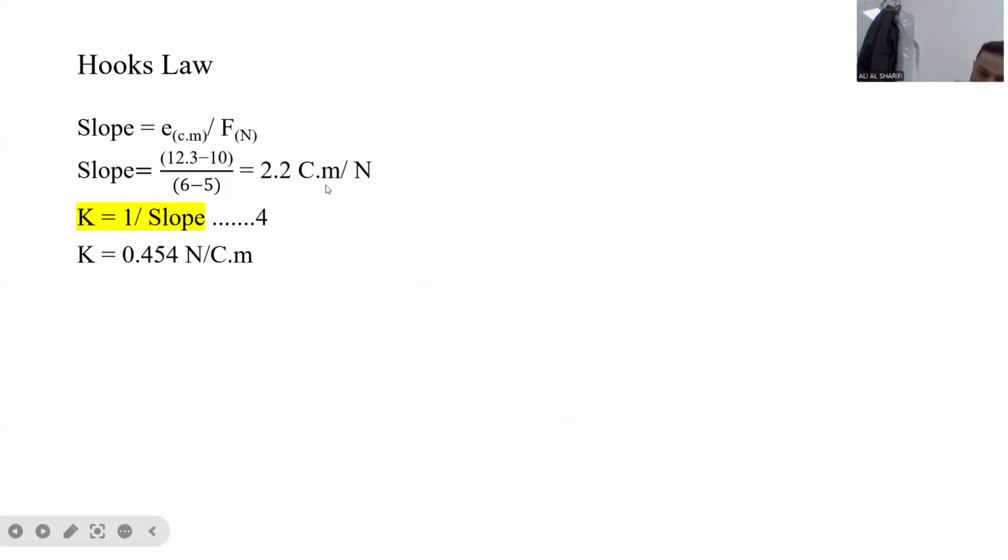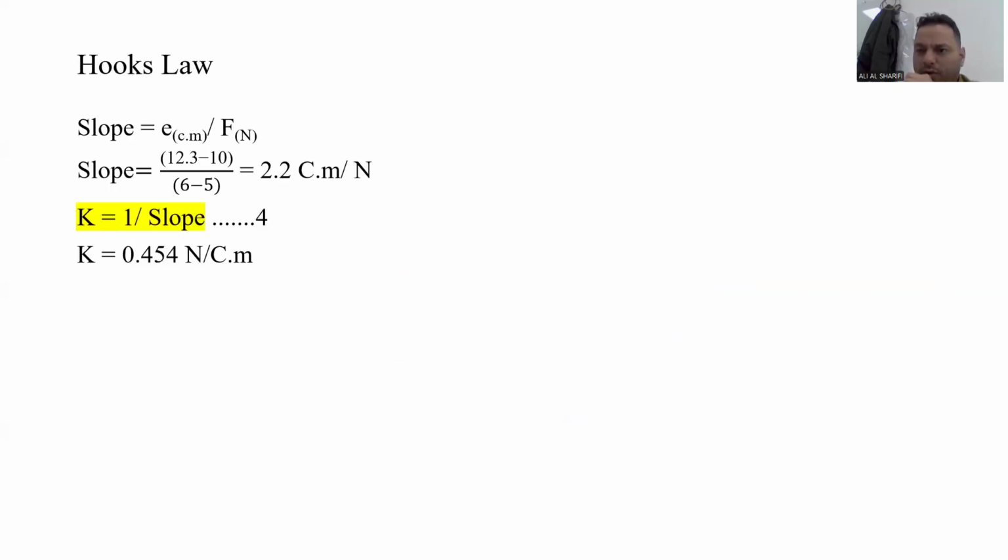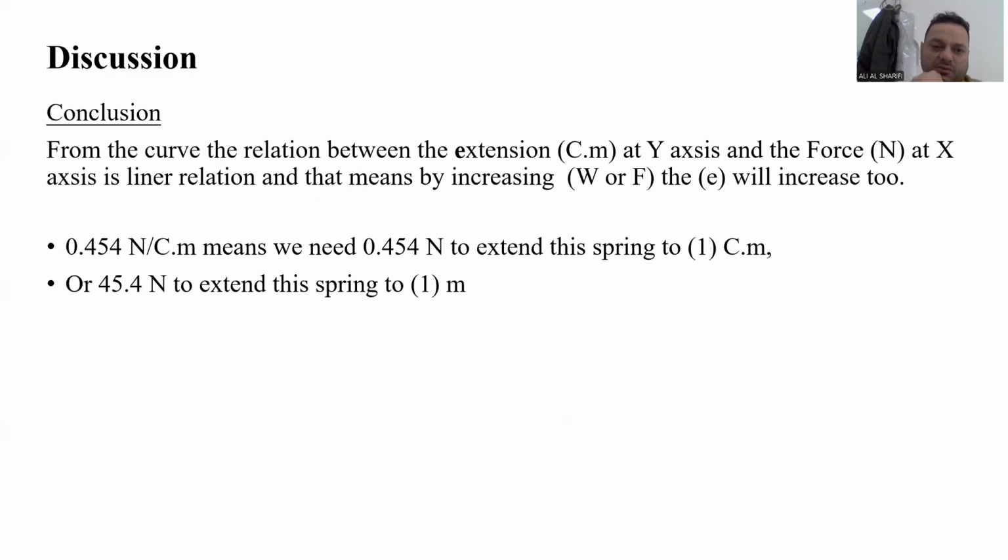Here, the slope equals 2.2 centimeters divided by newton. Here I have K constant, which equals less than half a newton. I need that to make a displacement of 1 centimeter. Okay. The results are near each other; the difference between them is approximately 0.1.